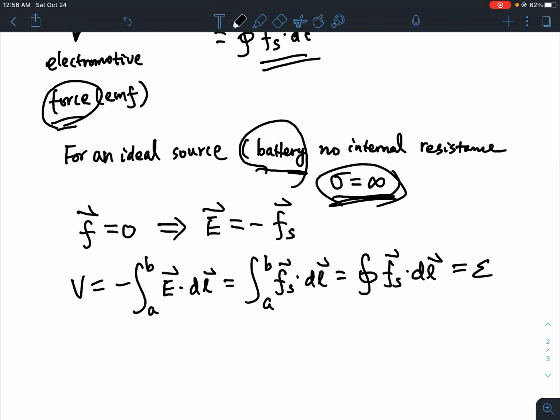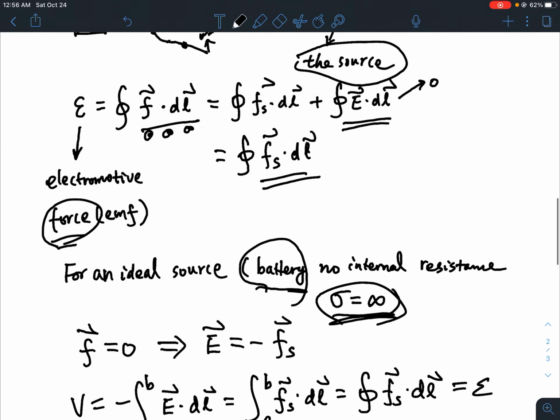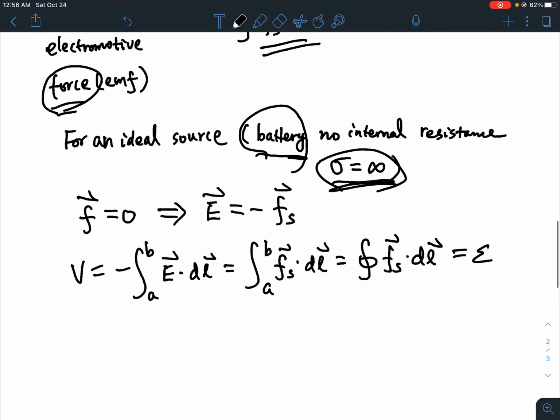You can see that the electromotive force is really used to create the potential difference between the two terminals.